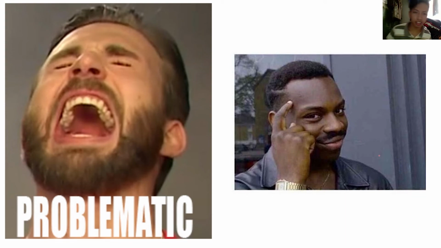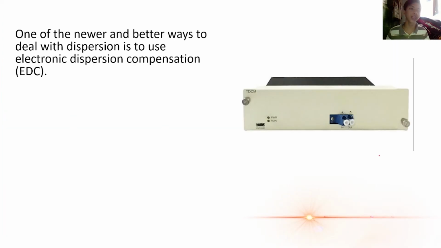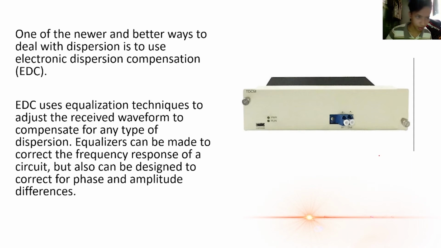Okay, so there are 3 solutions in the dispersion discussed. The first one would be using electronic dispersion compensation. So EDC uses equalization techniques to adjust the received waveform to compensate for any type of dispersion. It can be made to correct the frequency response of a circuit, but also can be designed to correct for phase and amplitude differences.